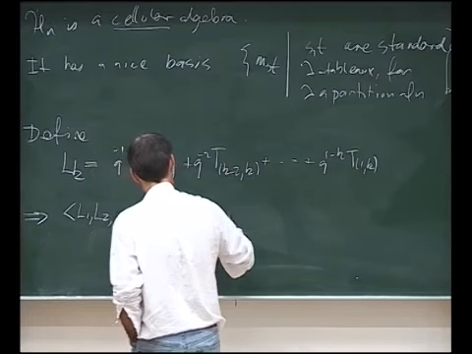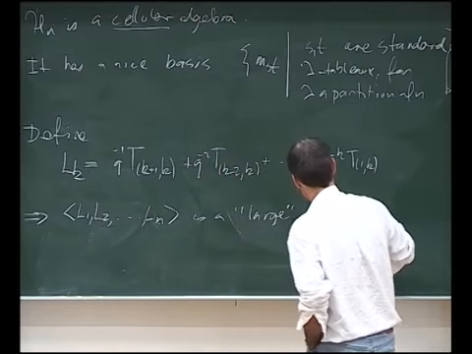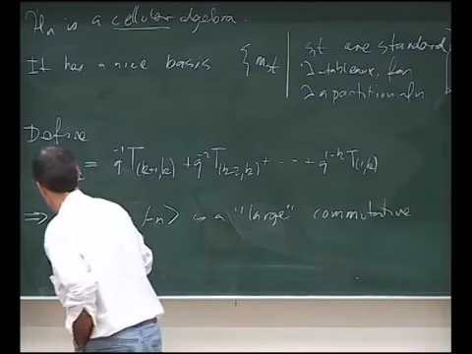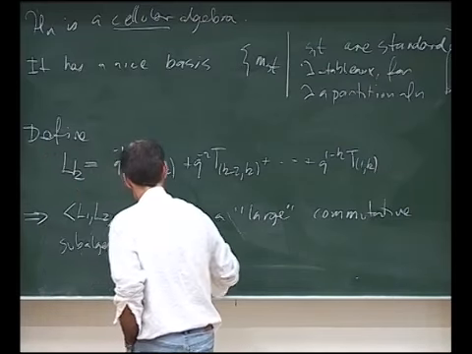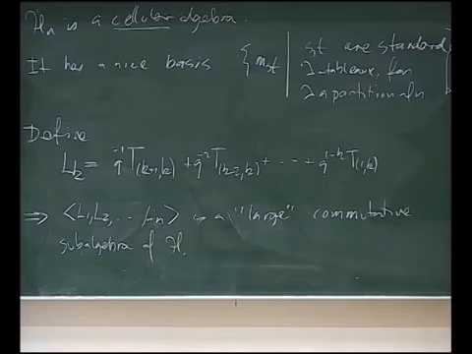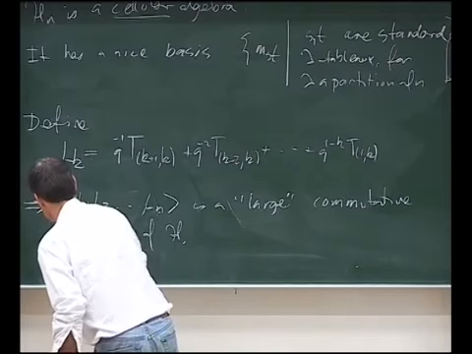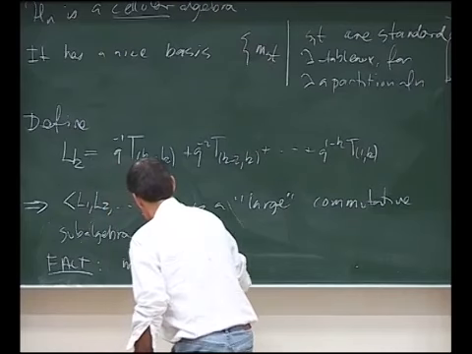So these are very, very nice elements which control the structure of the algebra very strongly. We take all of them. It's a large commutative subalgebra of H. And these are the elements I actually want to use to construct this map.